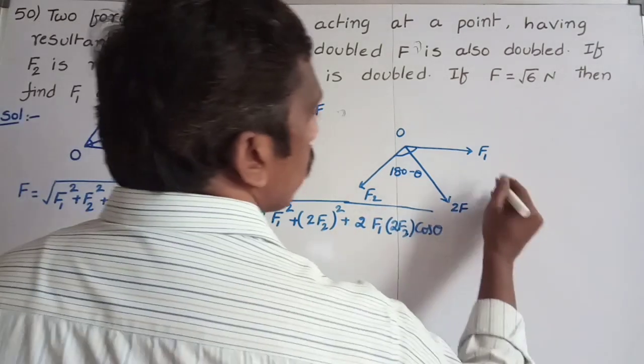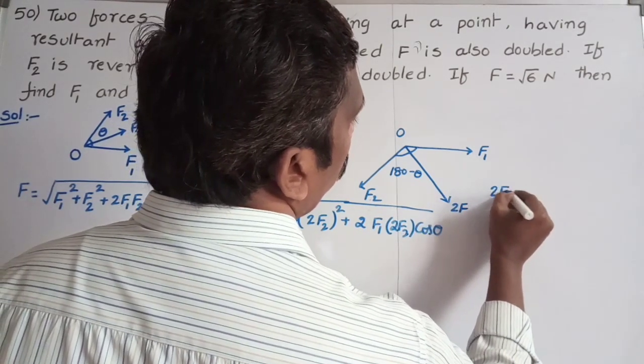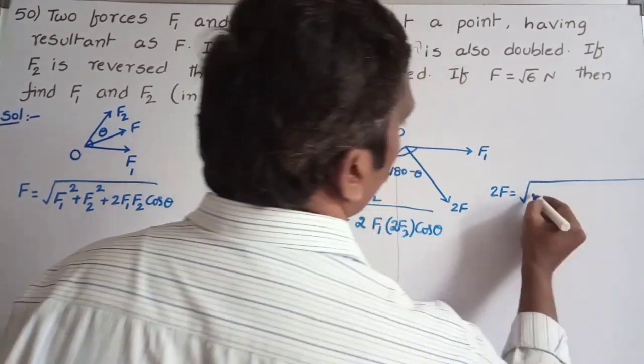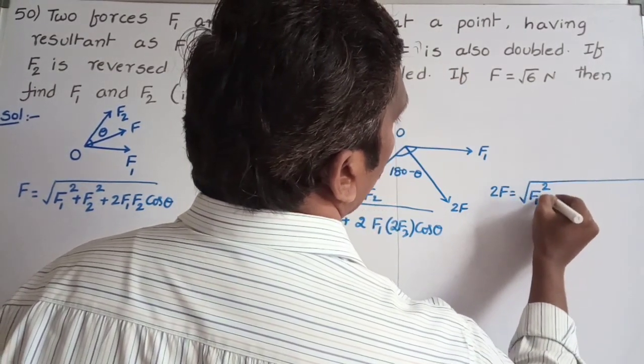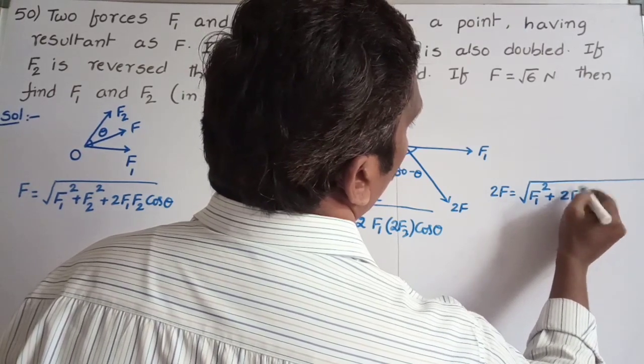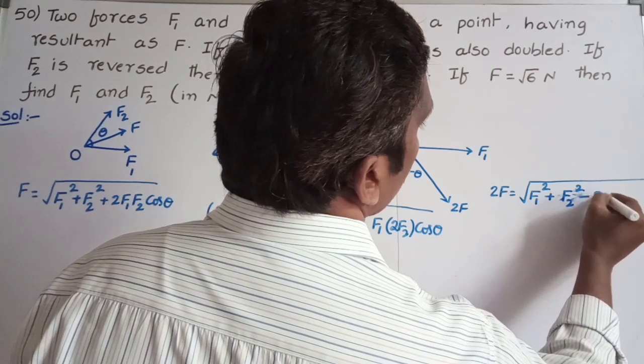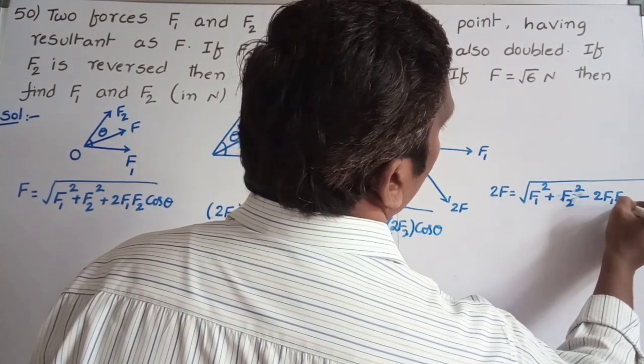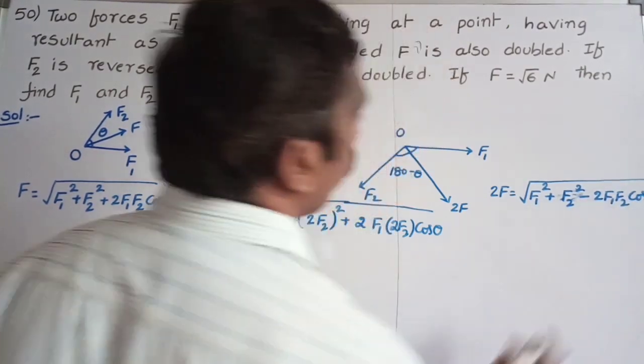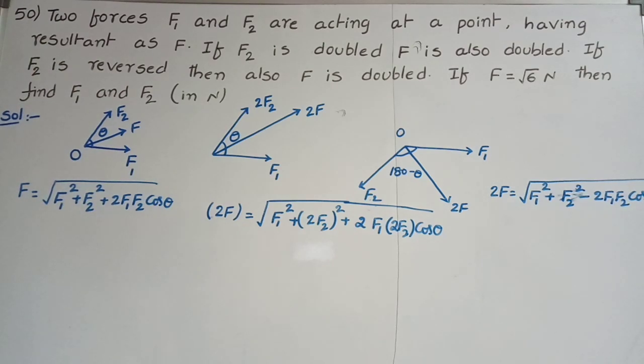Next, in this, 2F is equal to under root of F1 square plus F2 square minus 2F1 F2 into cos theta. Simplify these three equations, then we get the answer.